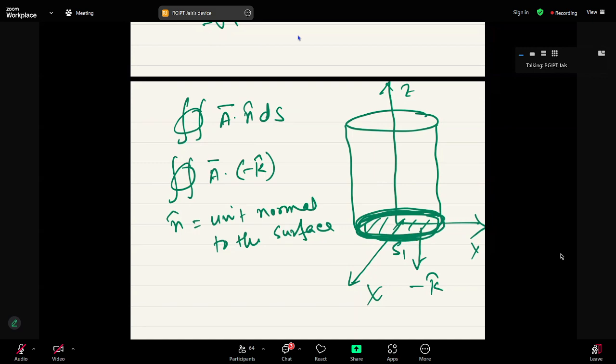So what will be the expression for ds? ds will be dx into dy, right? ds is basically a small surface area on that particular plane. So this cylinder is sitting on the xy plane, and the surface element for this bottom surface will be dx dy.